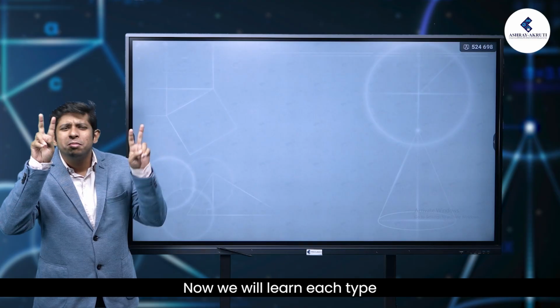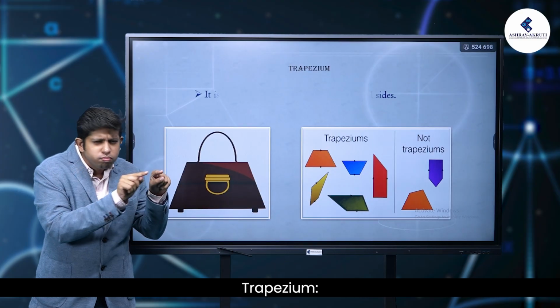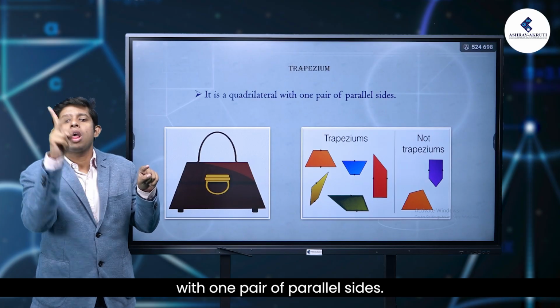Now we will learn each type. Trapezium. It is a quadrilateral with one pair of parallel sides.